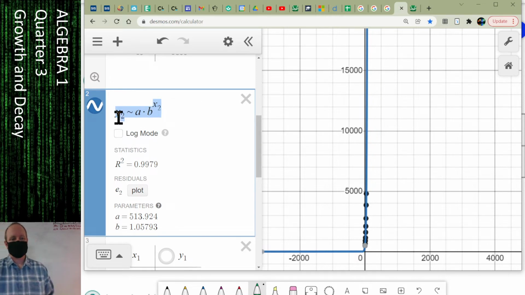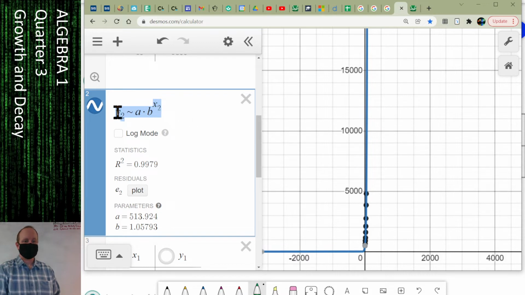So we typed in this equation, but put the squiggly line, a tilde, in place of the equal sign. And that was letting Desmos know that we're not telling it something to graph. We're asking it to come up with an equation for our table. And so it came up with an equation. The A and B values are listed below, and it's our job to just take these values and plug them in for A and B. Just a little thing that you want to make sure you're doing.